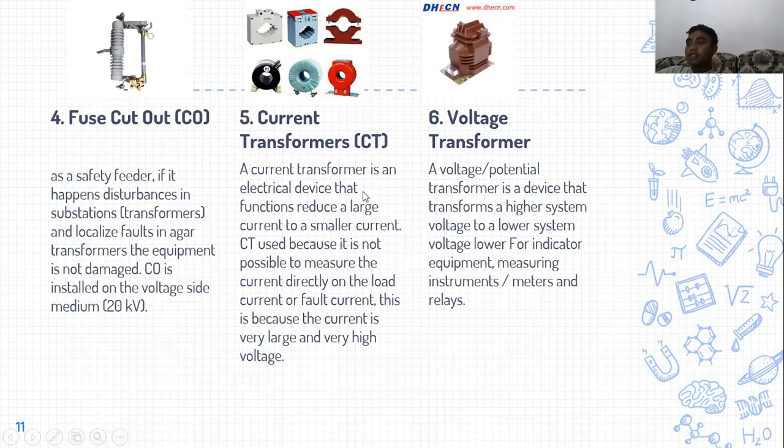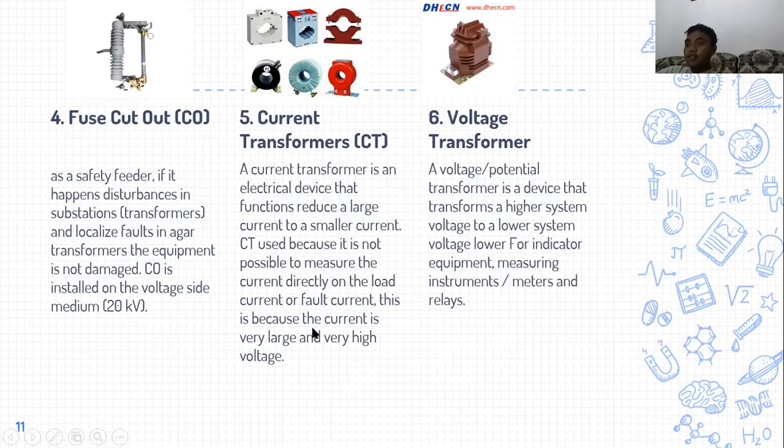Current transformer is an electrical device that functions to reduce a large current to a smaller current. CT is used because it is not possible to measure the current directly on the load current or fault current.